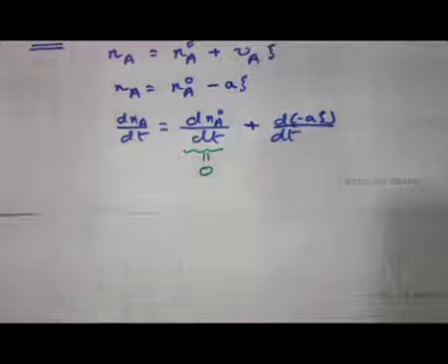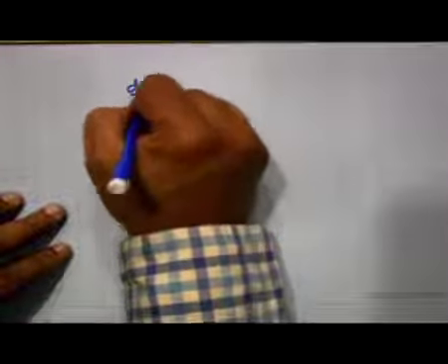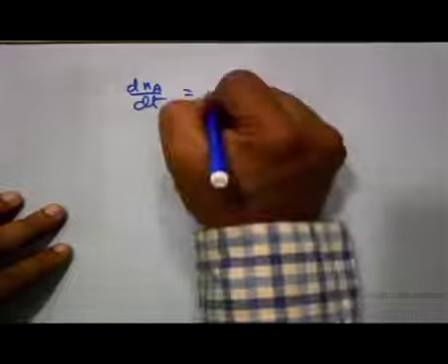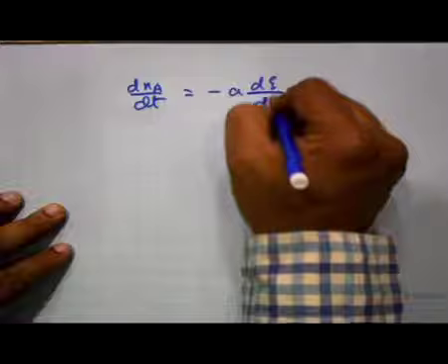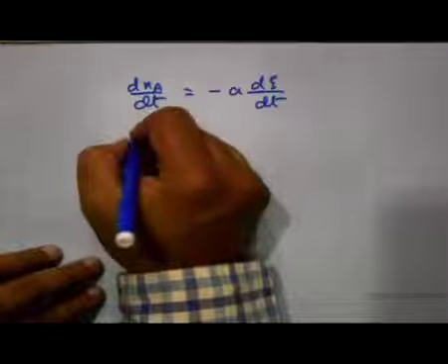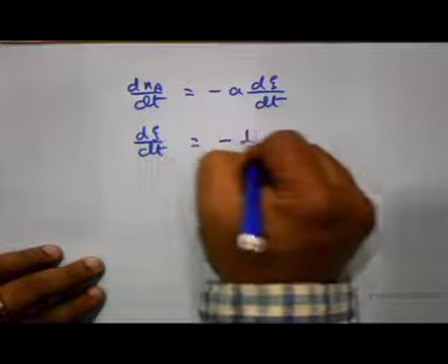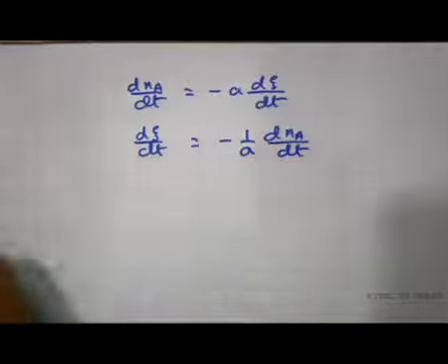And going forward, it should be very clear to you that this is equal to 0, and hence this equation can now be written as d of N A over d of t is equal to, the first term was 0, then minus A d xi over d of t, or as we had written again before, 1 by A d n A over d of t.